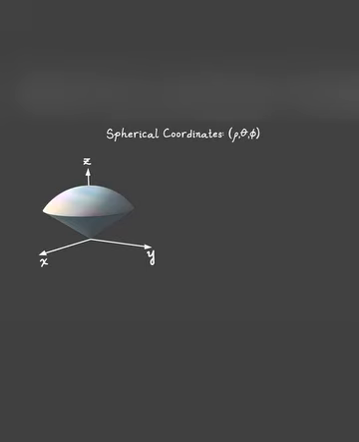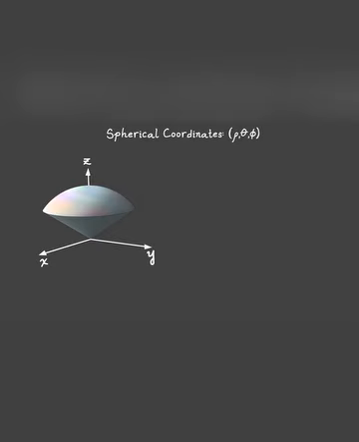This next one is the portion of a sphere that looks a little bit like an ice cream cone. The sphere reaches out to a radius of 1 at the edge, so we say that rho is in between 0 and 1. For theta, as we sweep around the z-axis, we see that the entire circle is present in the solid. So we say that theta is in between 0 and 2 pi.